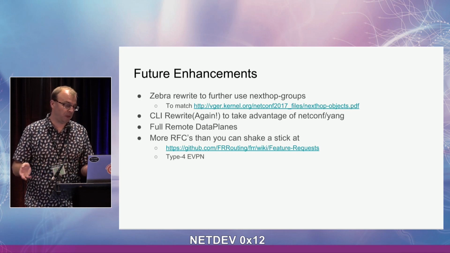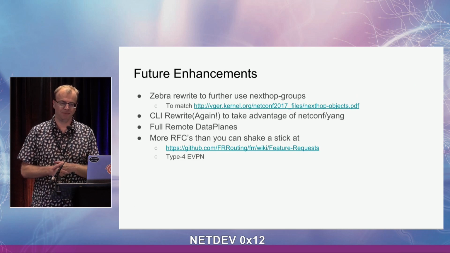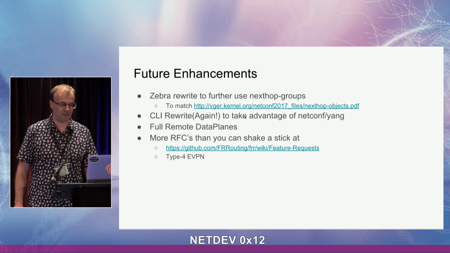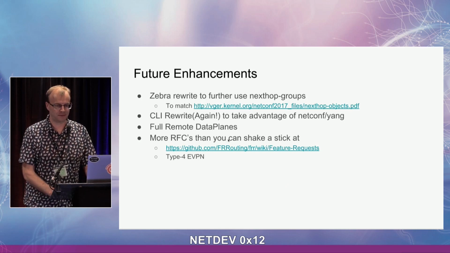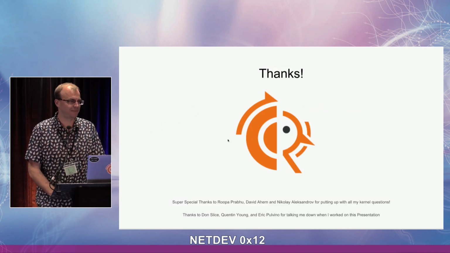People are asking for a whole bunch of features, and we need people to work on them, so if you're interested, we have a whole bunch of feature requests. And finally, we're going to have type 4 EVPN, which is multi-homing. All right, that's it. Thanks.